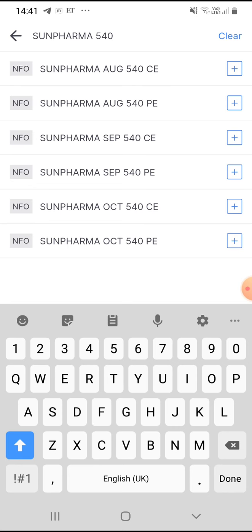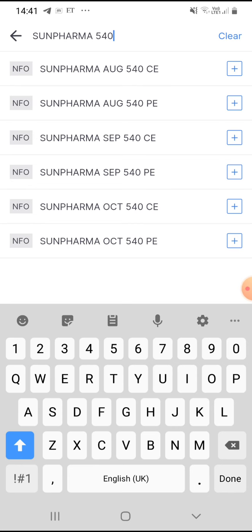For Sun Pharma, I will tell you a basic example. For those shares whose real value is less than 700, mostly you will have strikes at 10-point or 20-point gaps. You can check that.